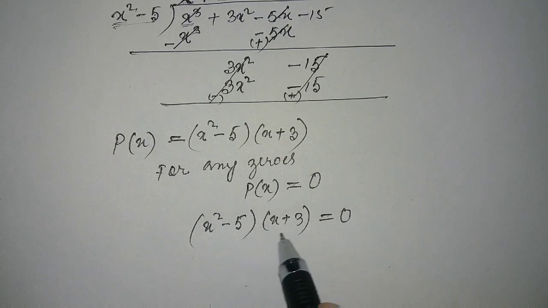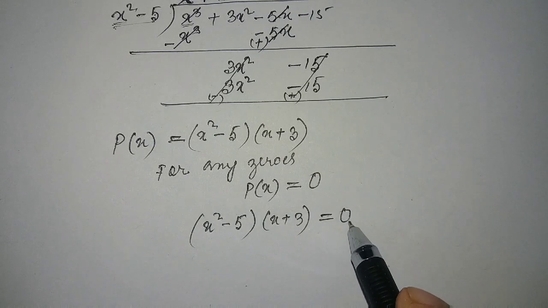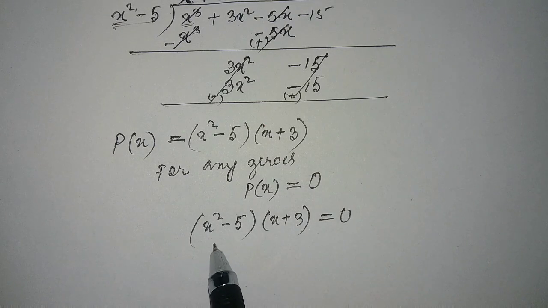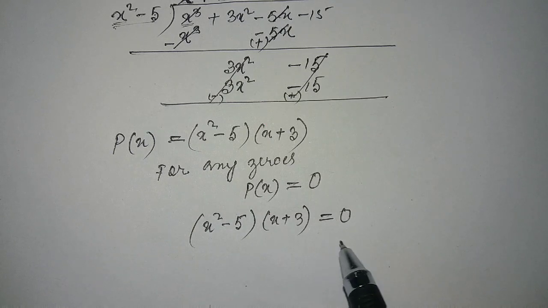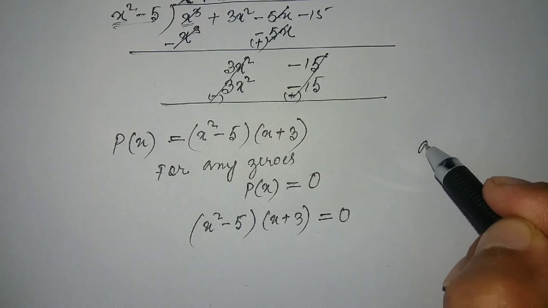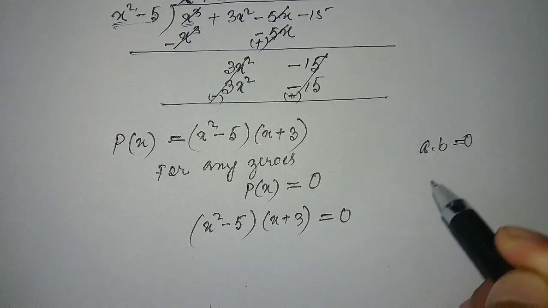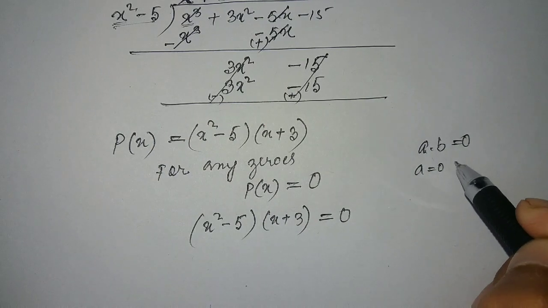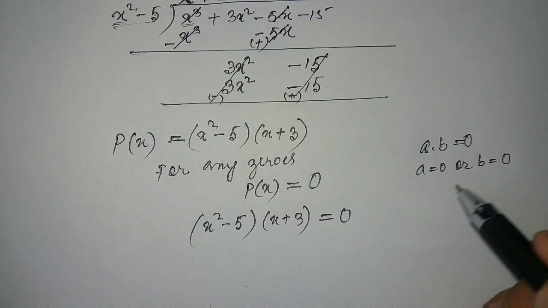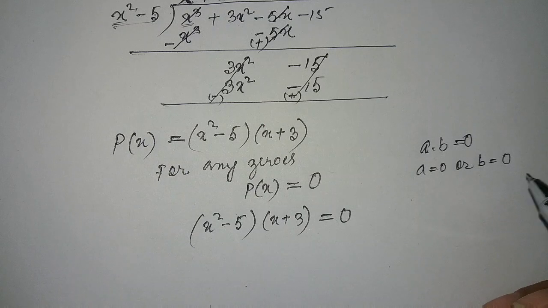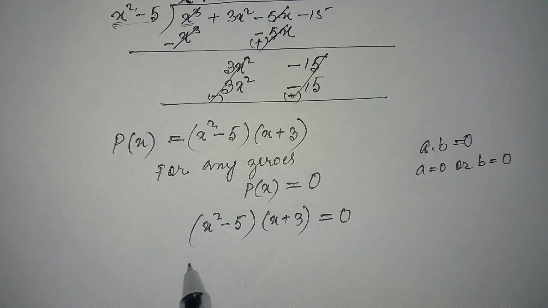When two numbers are multiplied and the product is 0, then either one of them is 0 or both of them are 0. So if a into b is equal to 0, then either a is equal to 0 or b is equal to 0, or both are equal to 0. We are going to apply that principle here.